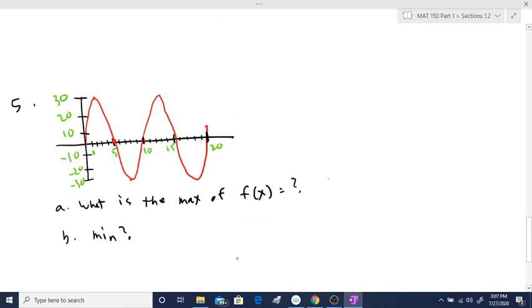So in this case, what is the max value of f of x? Okay, what's the tallest, the biggest value? Well, in this case, and it hits it in several points, it's 30. What's the minimum? Minimum means the smallest. Look at that. The curve hits it at negative 30.